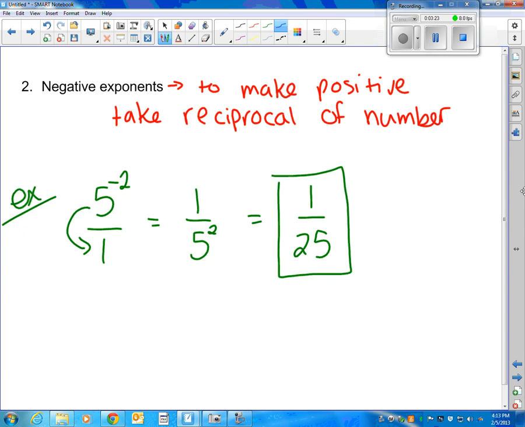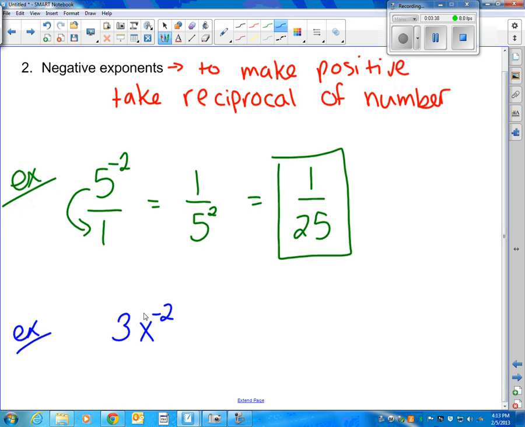Okay, let's look at another example. If I had, let's do 3x to the -2, right? And remember, if there's no number in the denominator, it's just over 1. All right, the only thing raised to the negative power is the x.